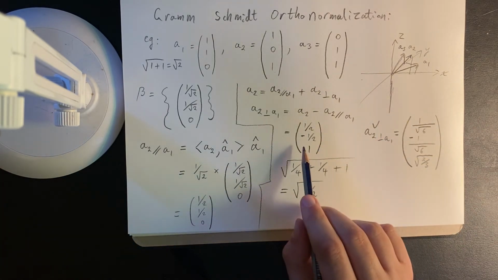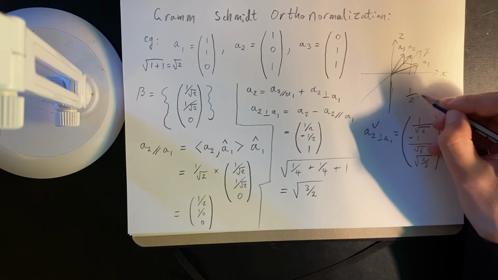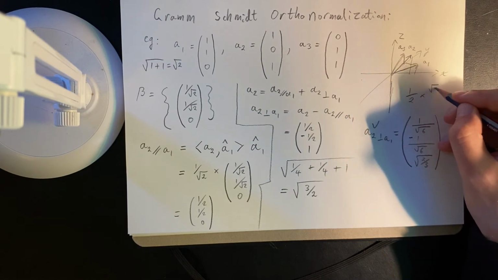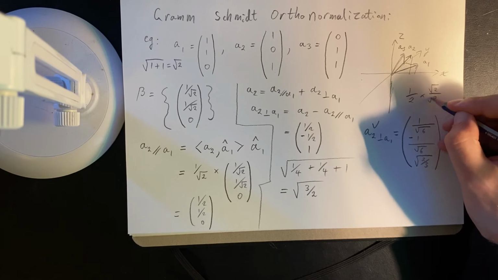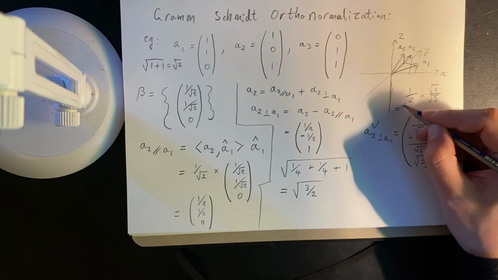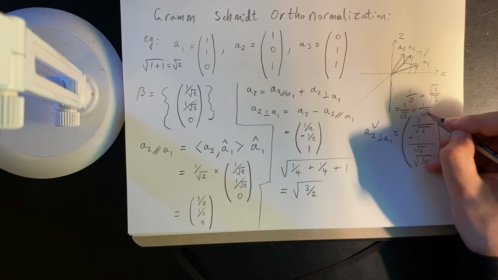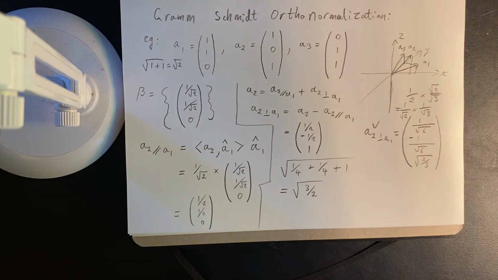So just did a bit of simplification there. If we have 1 on 2 times root 2 on 3, then of course that comes out to 1 on root 2 times 1 on root 3, which is 1 on root 6.